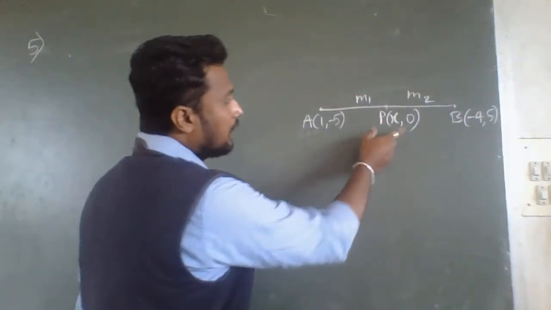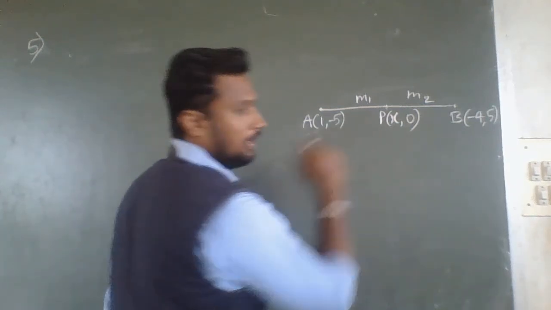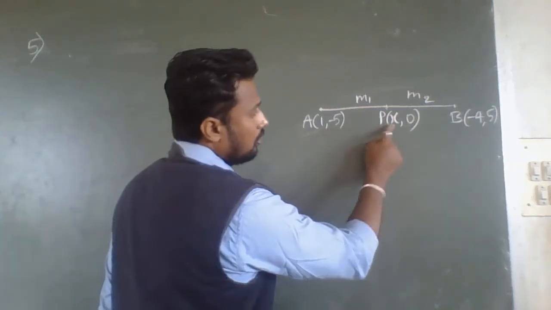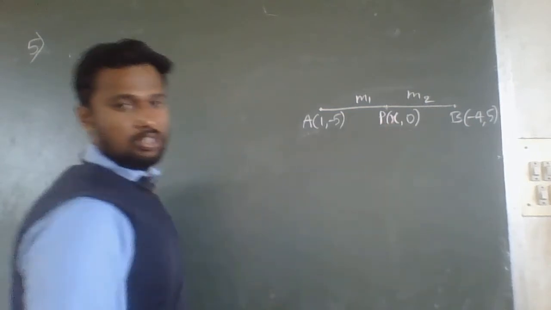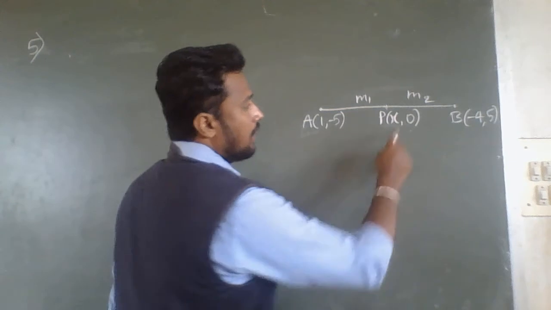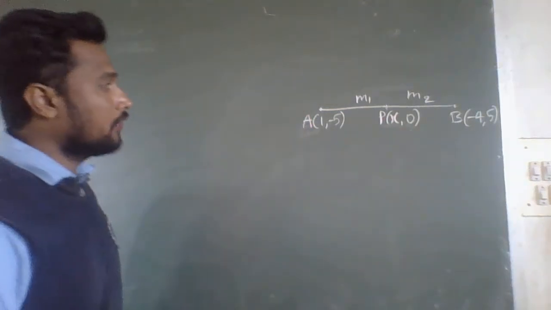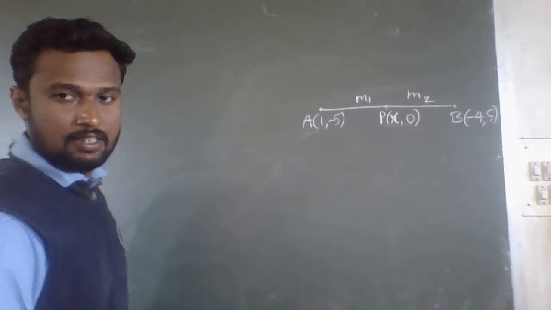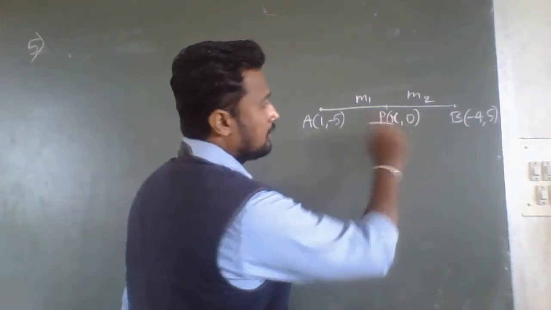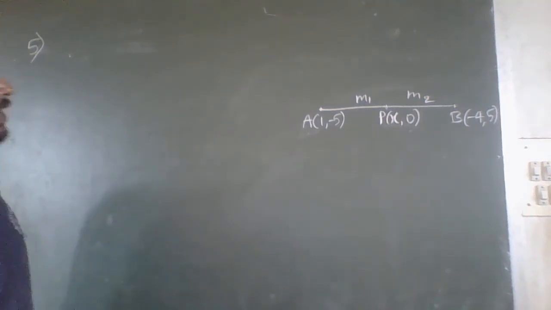So if it is dividing on the x-axis, then for this point the x coordinate will be some value, which I have considered here as x, and the y coordinate should be 0 only, because always on the x-axis the y coordinate value is 0. So P is considered as x comma 0 here.